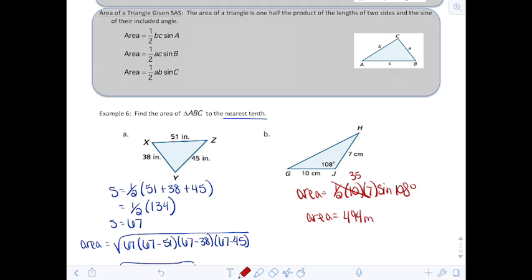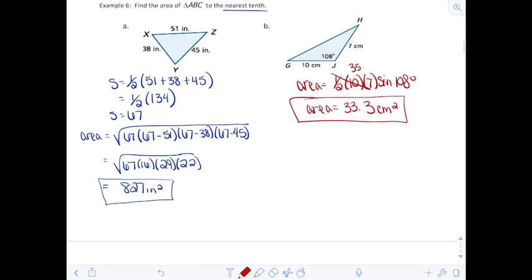Or, sorry, how about, no. How about 33.3? I'm looking at the wrong problem. How about 33.3 centimeters squared? Okay, and those are a couple of different scenarios where we can find the area of an oblique triangle.